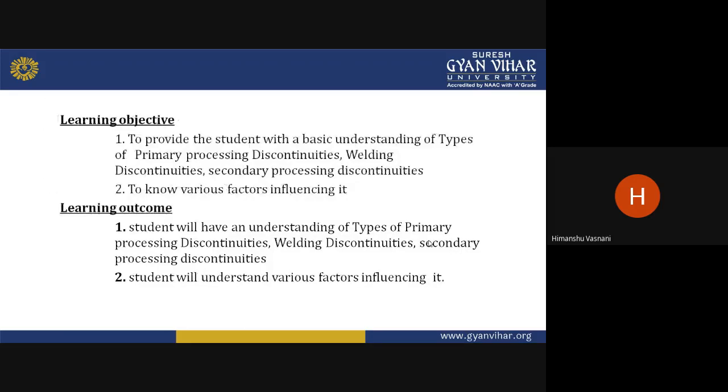Today's objective is to give students a basic understanding of types of primary processing discontinuities, welding discontinuities, secondary processing discontinuities, and the various factors influencing them. The outcome will be that students understand all these kinds of discontinuities and the factors influencing them.